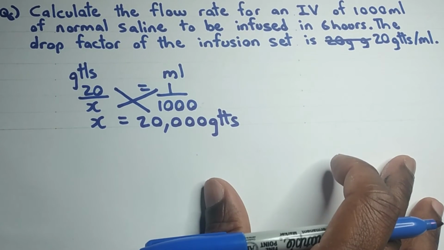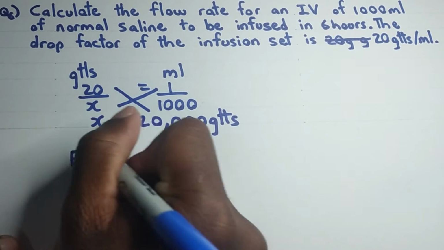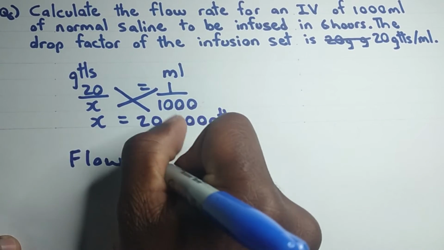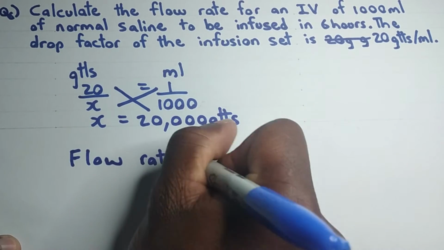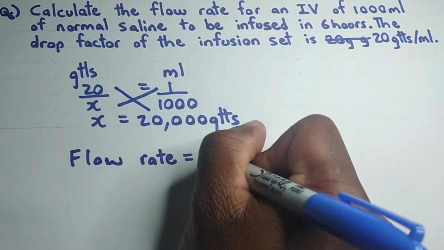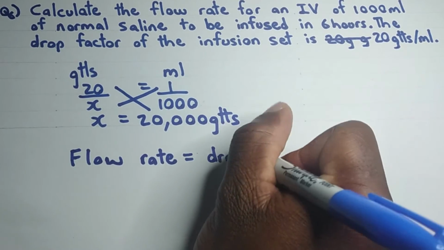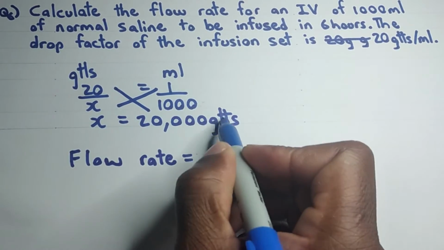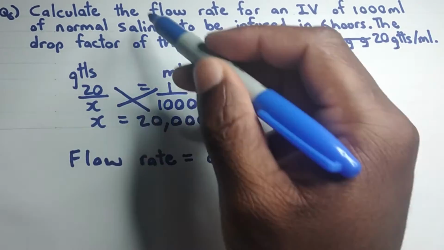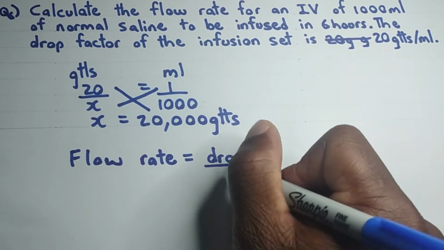Now what we're going to do is to calculate the flow rate. So the flow rate will be equal to the total drops, which is the 20,000 drops that we'll get from the 1000 milliliters of normal saline, over the time.